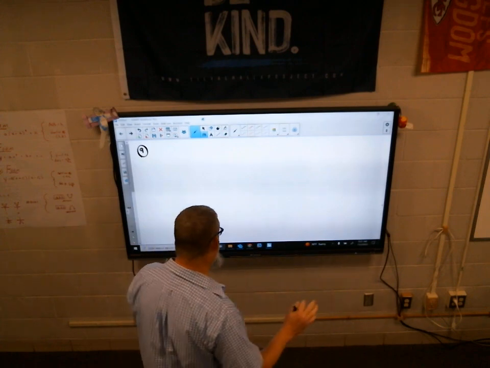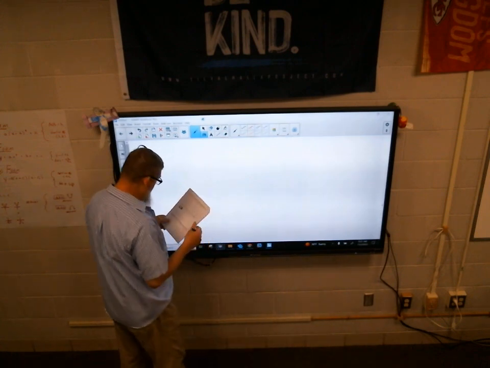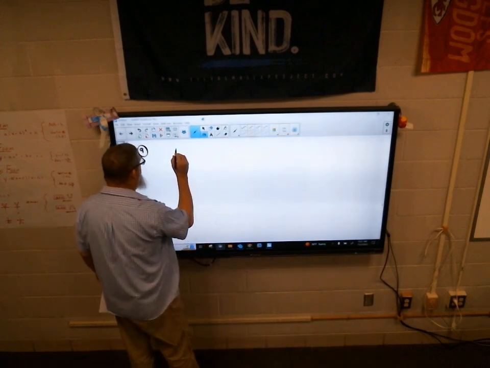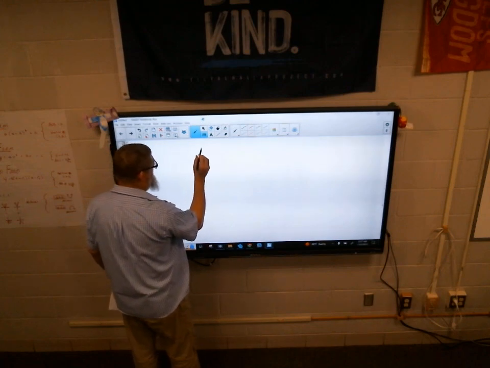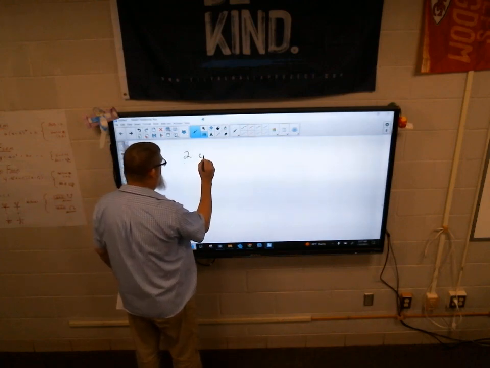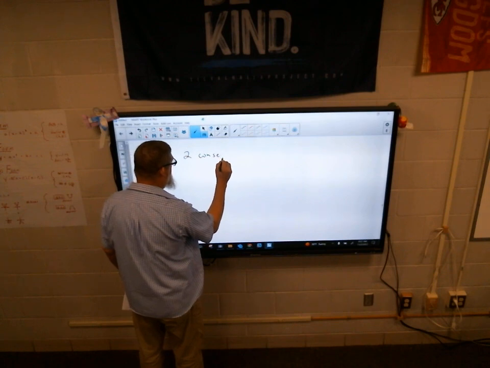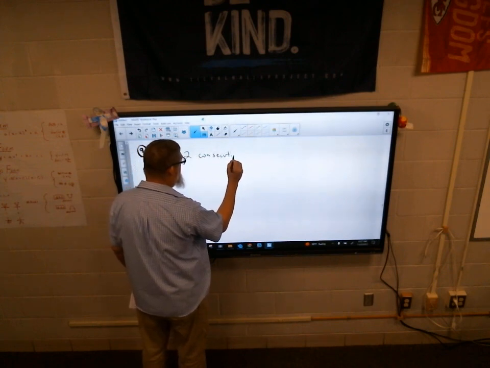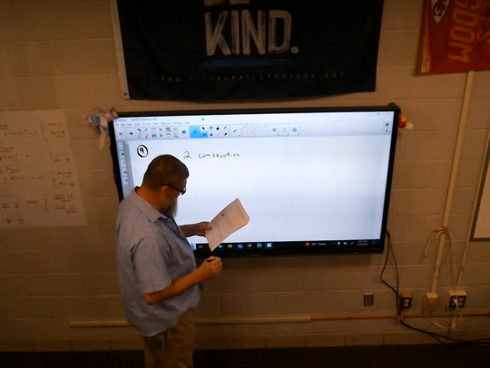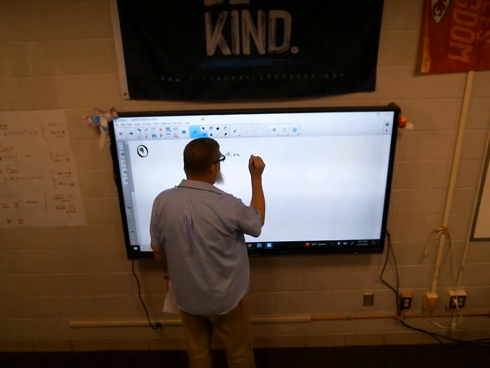Okay, so the first idea is, what does it mean when it says 2 consecutive positive odd integers?